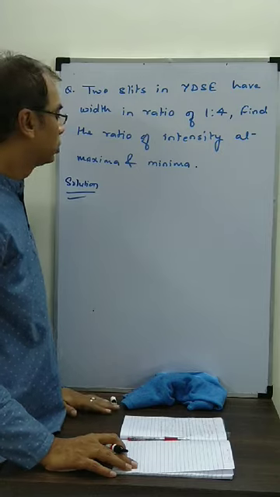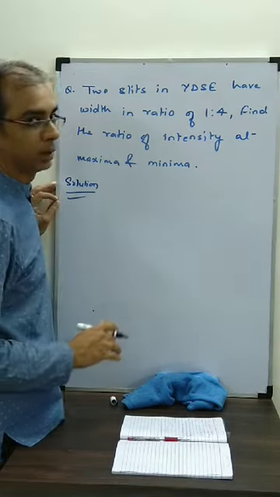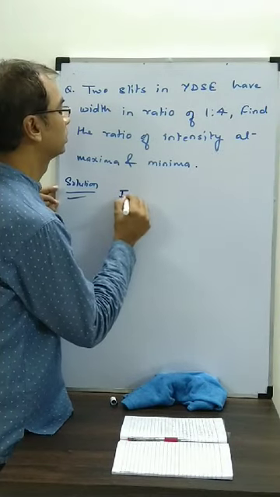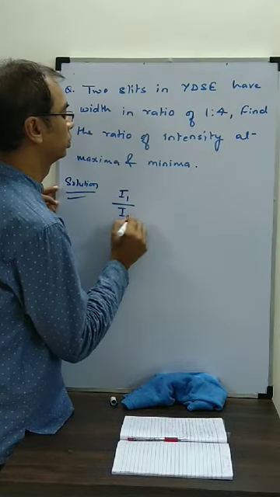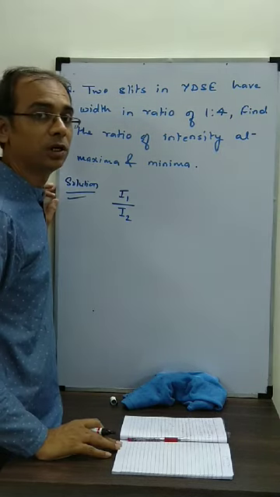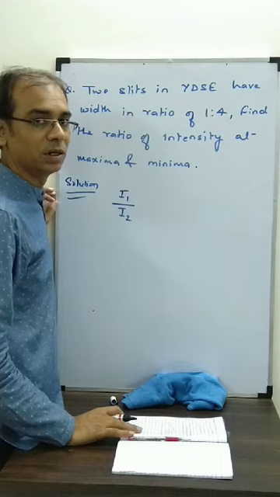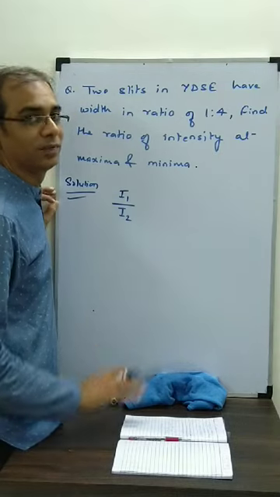So I1 and I2 we require if we want to find maxima and minima. So I1 by I2, or in general, intensity is directly proportional to the area of the slit.